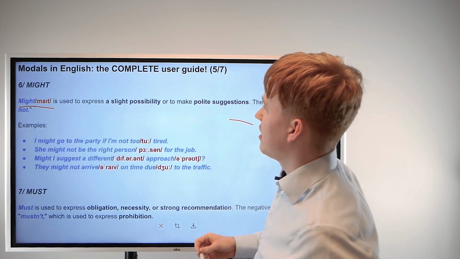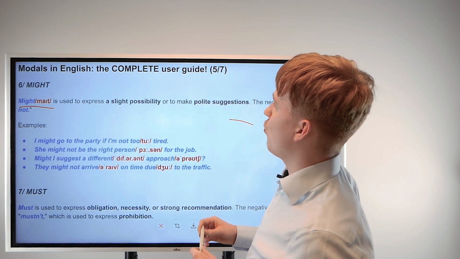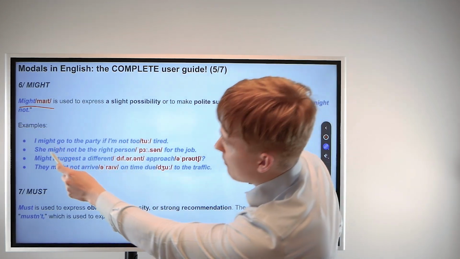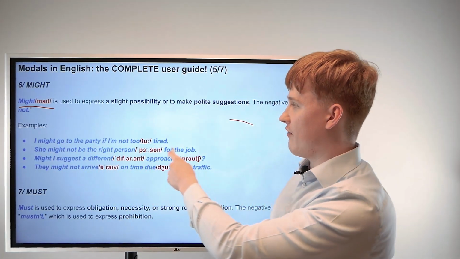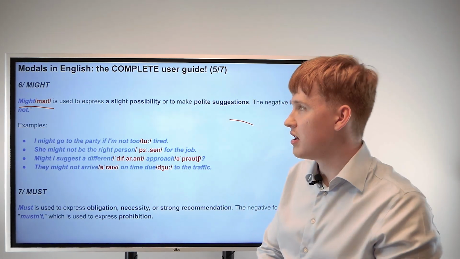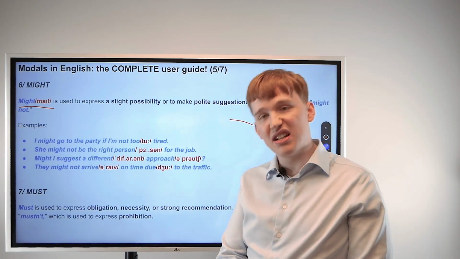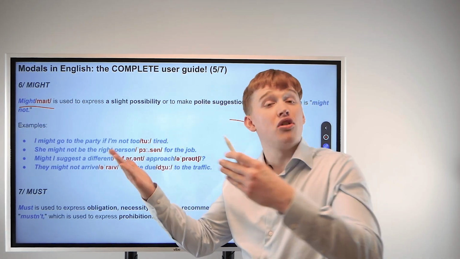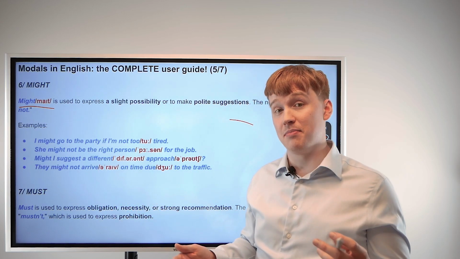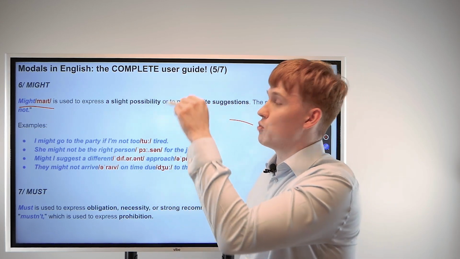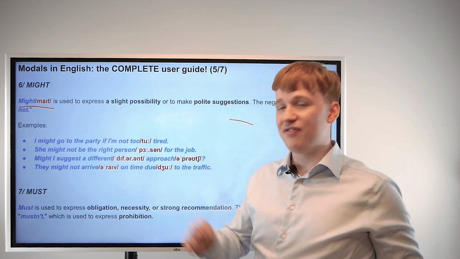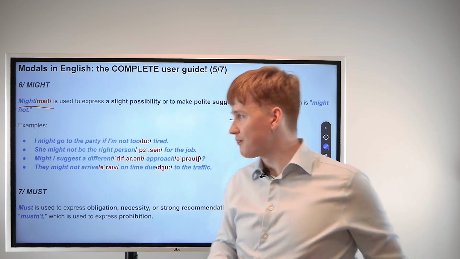So we would say, I might go to the party if I'm not too tired. So there's a possibility that I'm not too tired, and in that possibility, I might go to the party. So if that happens, then that will happen.